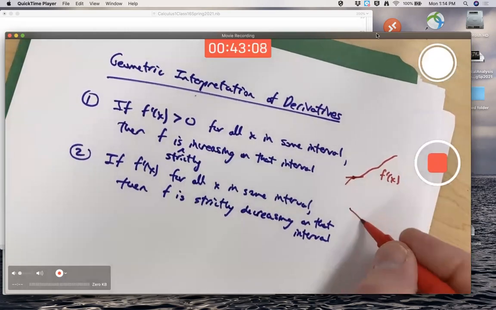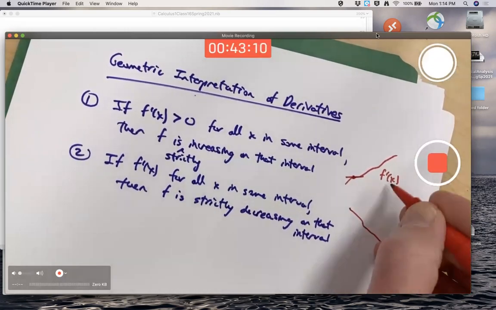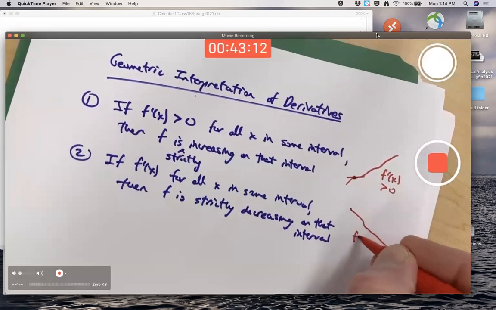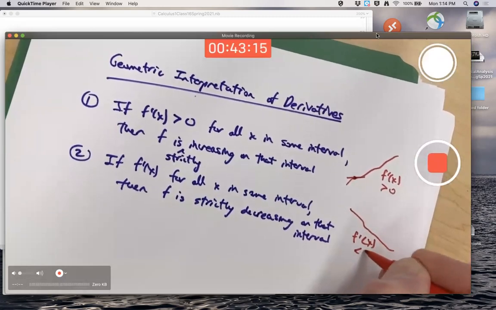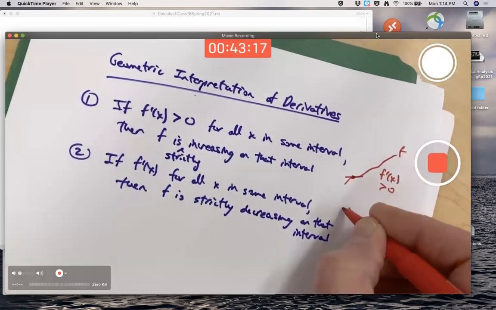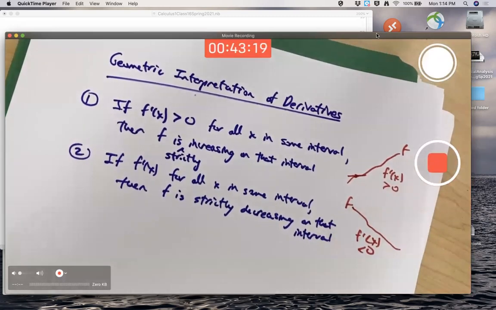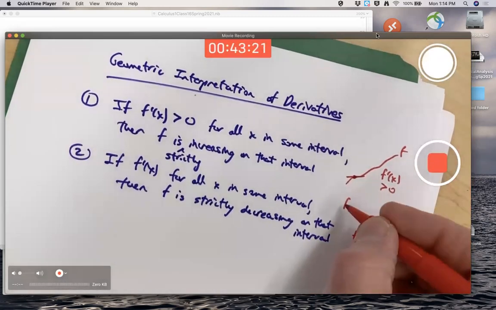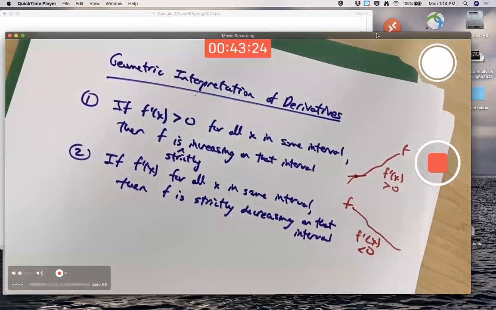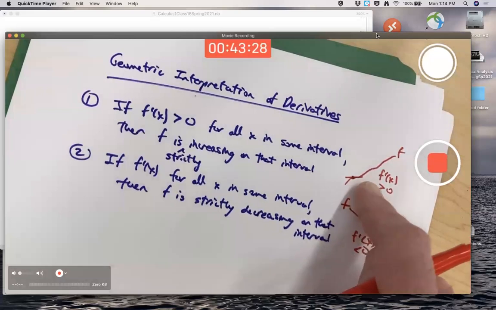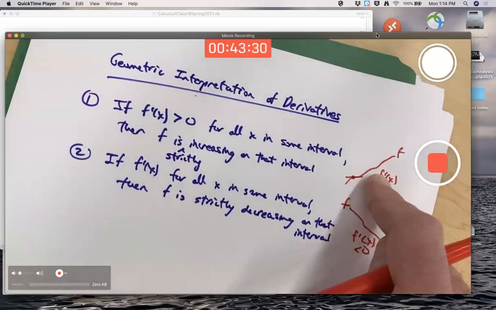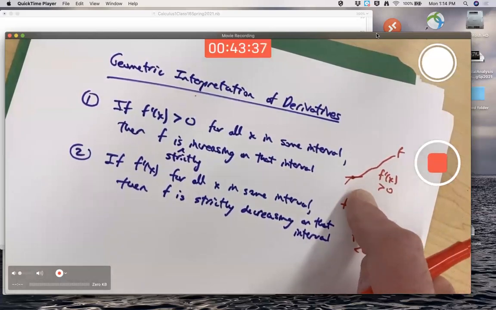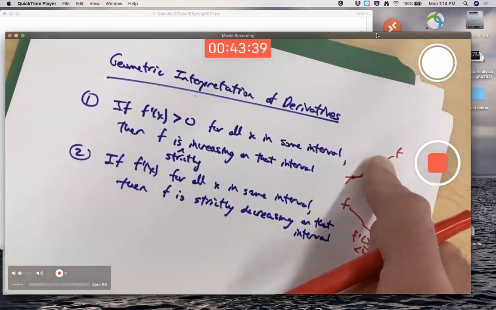And here's a prototypical picture of a graph that's decreasing. f prime is positive here, f prime is negative here. This is the graph of f I'm talking about, not the graph of f prime. When the graph is smooth, which is another word we use for differentiable (differentiable means smooth, you'll hear that word used), and f prime is positive, the graph of f is going up.